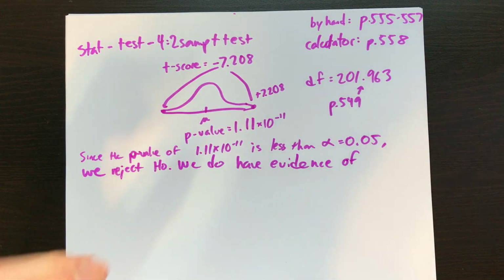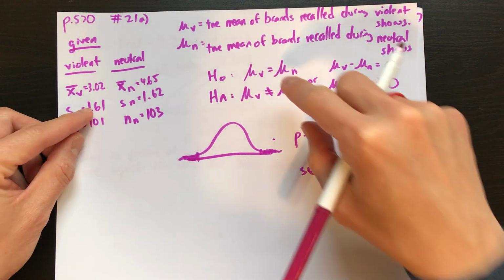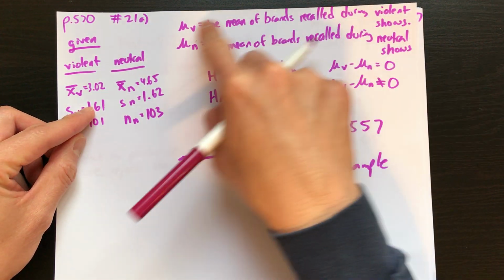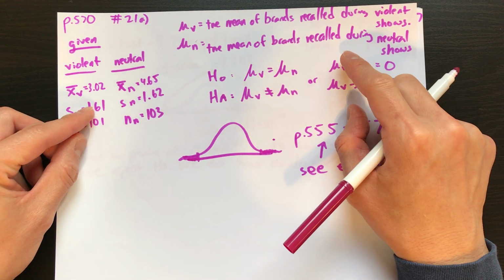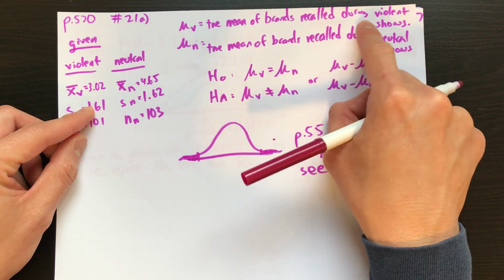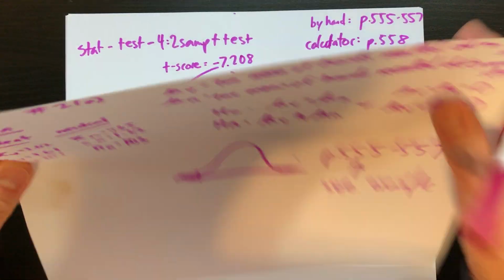We do have evidence of what? So refer back to your null and alternative, and also when you define your mu v and your mu sub n. It's the mean number of brands recalled during violent shows and then also during neutral shows.